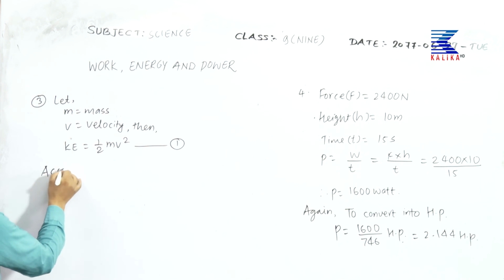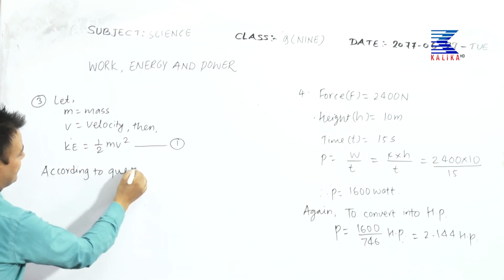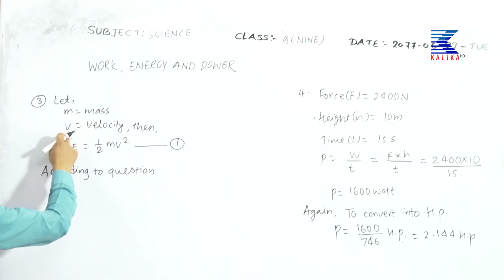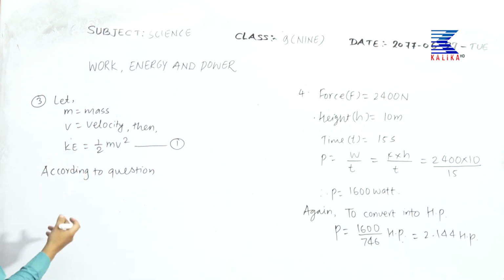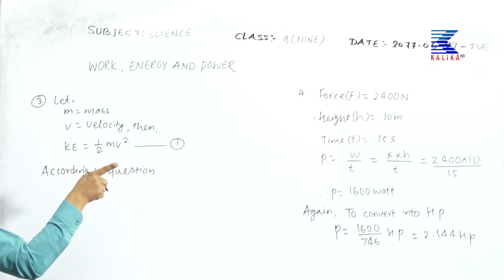According to the question, in the beginning the mass was m and the velocity was v. Now kinetic energy is 1 by 2 mv square. What does the question say? The velocity is increased by 10 times, keeping the mass constant.